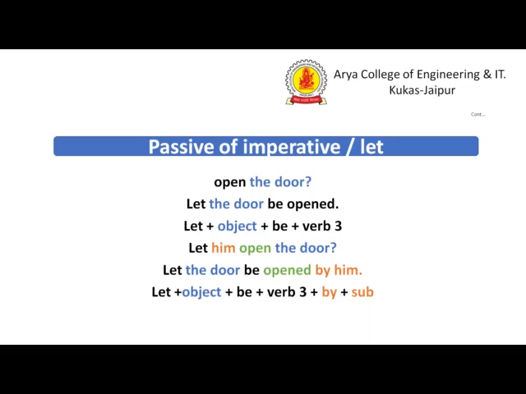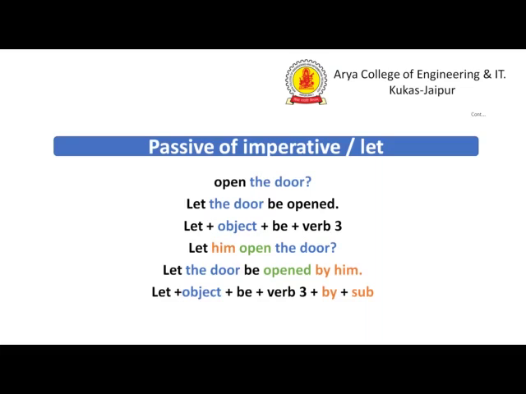Remember one thing: for an example like "Please give me a pen," you can easily sort out the answer. You can remove "please," and in place of "please" use "you are requested," and after that add the remaining sentence with "to." "You are requested to give me a pen."